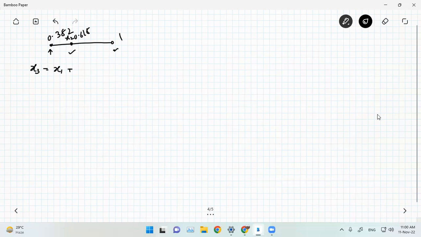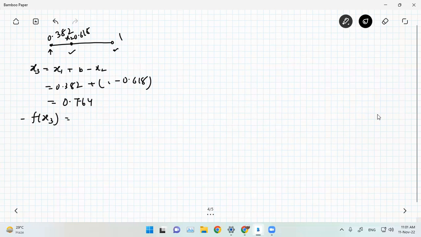So basically, in this case, b minus x2. So 0.382 plus 1 minus 0.618. This will give us 0.764. Now let's calculate the function value here, which is f3.